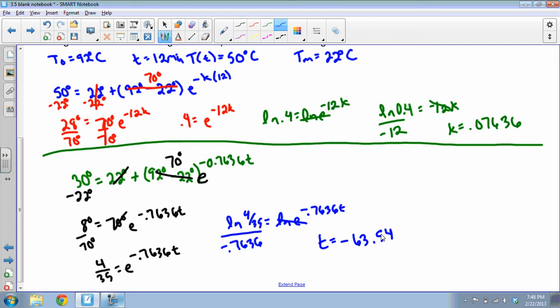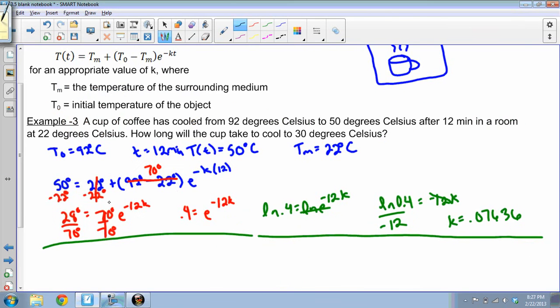So that's my answer right there. So we now have our k, and we want to plug in everything from the original problem except for our original time.